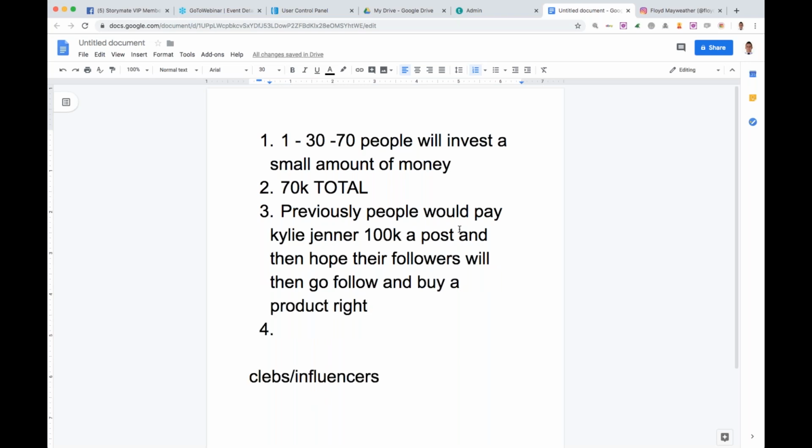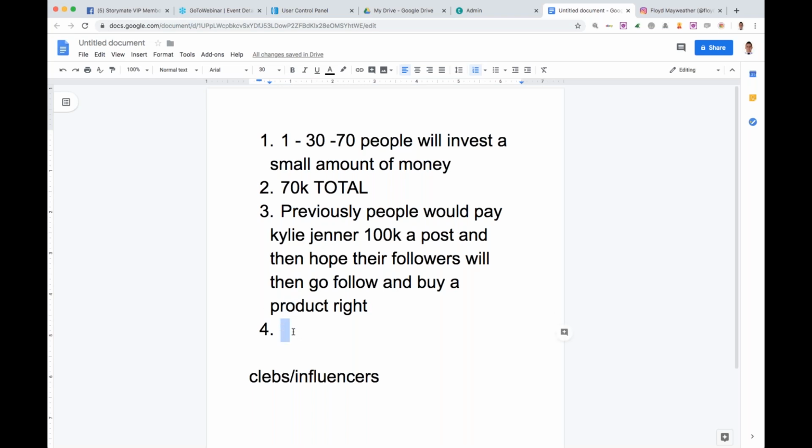So that's how it would work previously. But there's no surefire way of what results you're going to get, because it really depends on the audience you are contacting and if they're even interested in what you have to offer, if your business model is set up right, all that type of stuff, right?